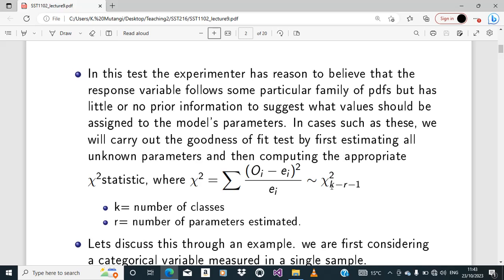For a normal distribution with mu and sigma squared as the only two parameters, R will be equal to 2 if both of these parameters have to be estimated from the dataset. Otherwise, if they are given and we don't have to estimate them from the dataset, then again R is equal to 0. So let's discuss this through an example.